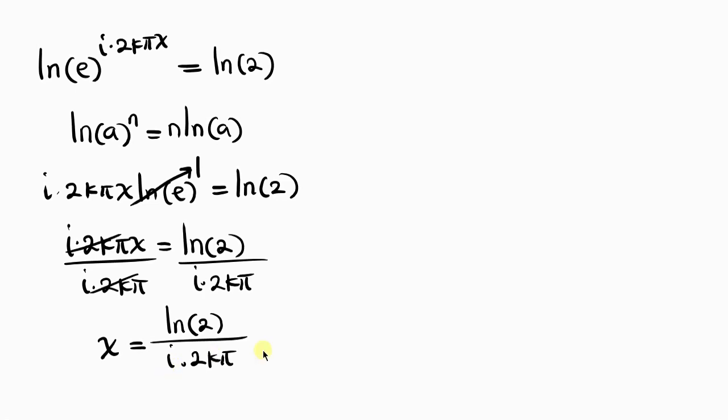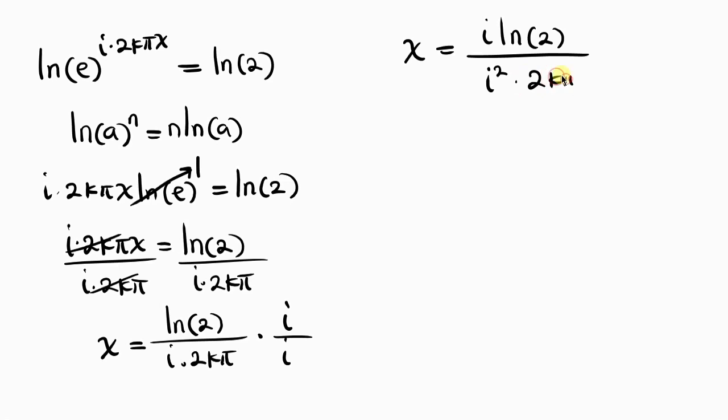And in order to do that, I'll multiply the numerator by i. I'll also multiply the denominator by i. So we have ln 2 times i gives us i ln 2 all over, now i times 2k pi times i. When these two i's come together, we have i squared, right? Times 2k pi. And actually, we know that i squared is negative 1.